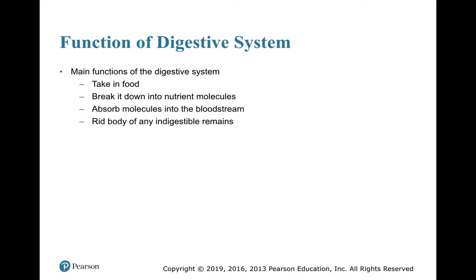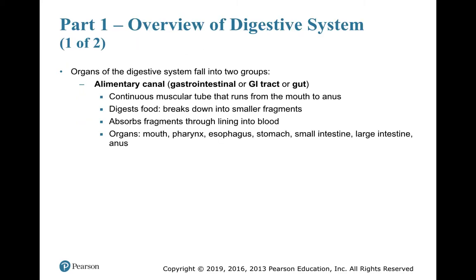digestive system. The organs fall into two groups, the first being the alimentary canal, or the gastrointestinal, often called the GI tract, sometimes referred to as the gut. It is a continuous muscular tube that runs from the mouth to the anus. Its job is to digest food, at least in the first part.